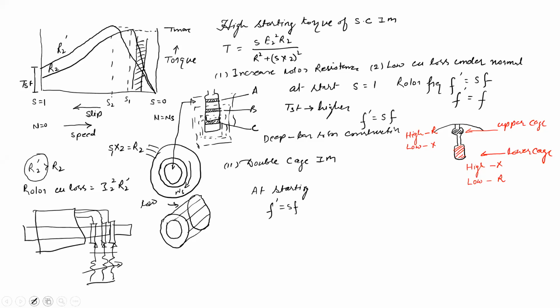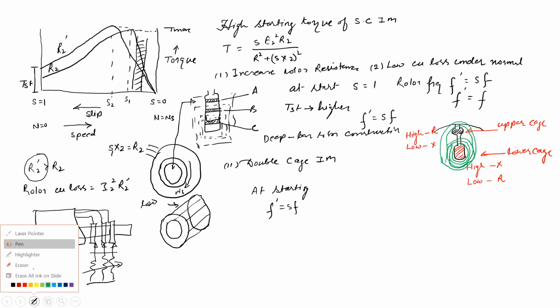Therefore, under such condition, the number of flux linkages with the inner cage is higher, definitely, as compared to the flux linkages in the upper cage. So the upper cage flux will be smaller, and under the starting period its reactance is low.